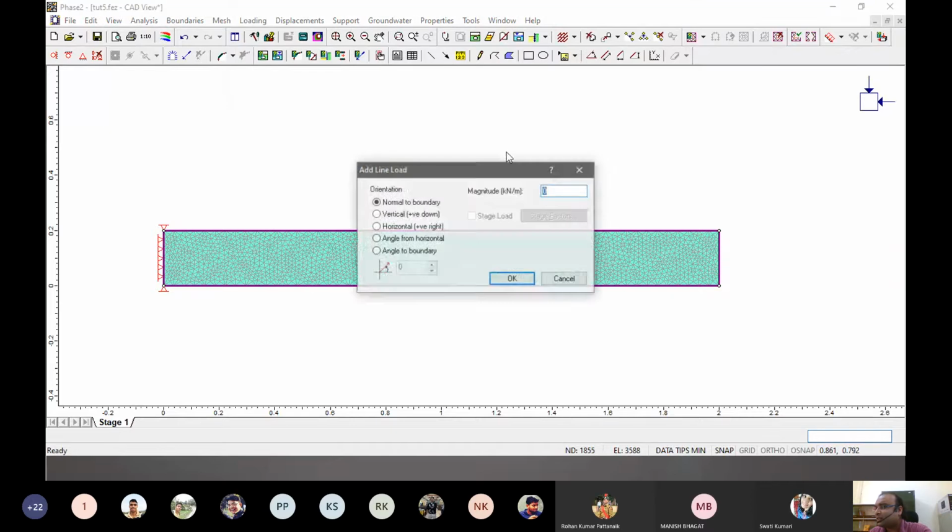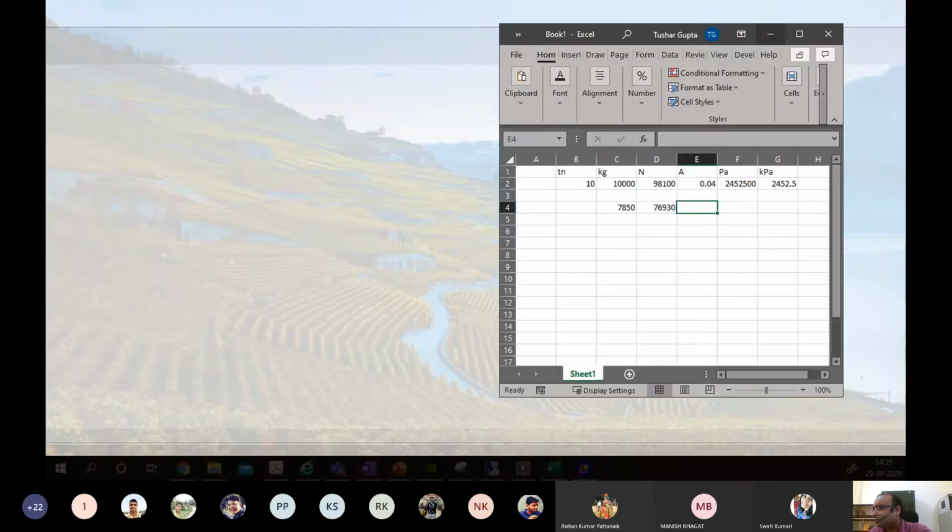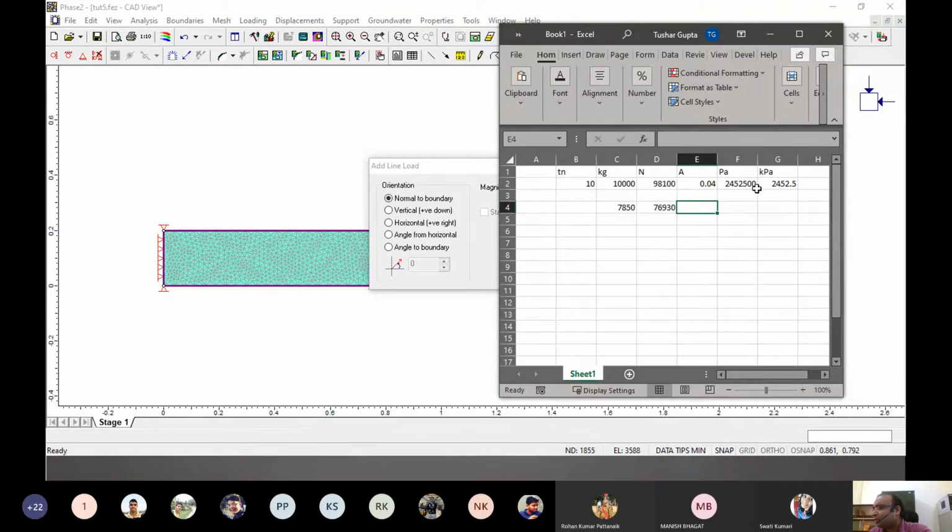So line loads basically give us a single point where we can apply the load. This is in kilonewton per meter. We have already found the load in newtons, so we can just divide it by 0.2.